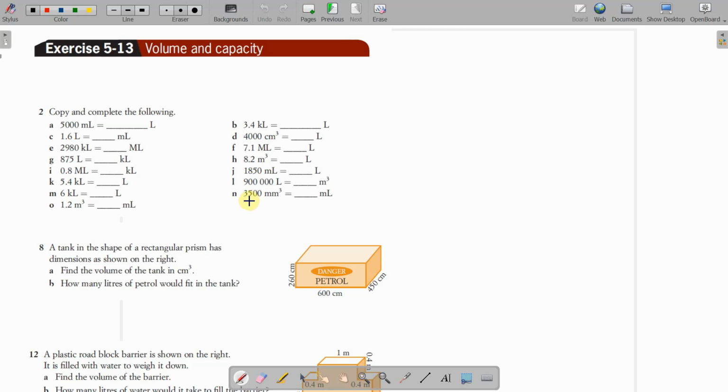So smaller unit to larger, divide by 1,000. Sorry, I thought that was 100 because there are 10 millimetres in a centimetre, but 10 times 10 times 10, it is 1,000. Yes, divide by 1,000. So you get to the cubic centimetres and you'll find out what it is in millilitres. Okay, next one.